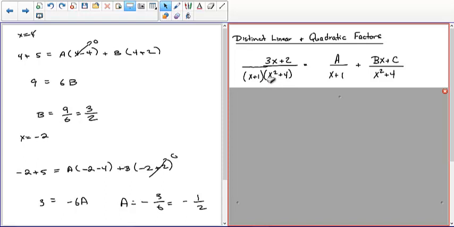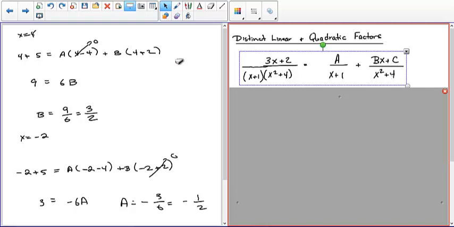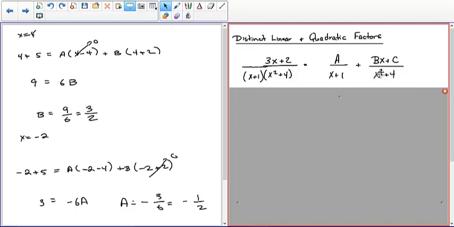So the similarity is the linear part has just a constant in the numerator, A divided by x plus 1, so that's nothing new. But when you have a quadratic factor, you have Bx plus C. Right now we're starting off with just a quadratic term and a constant term.